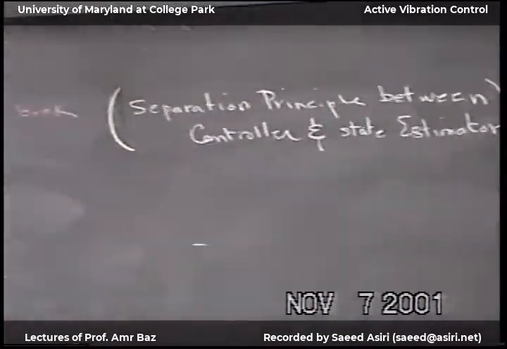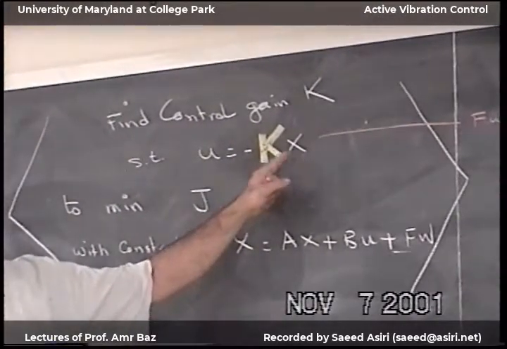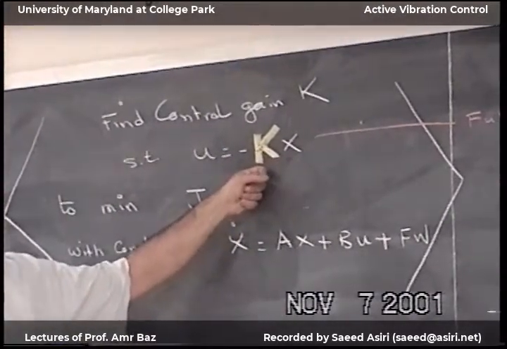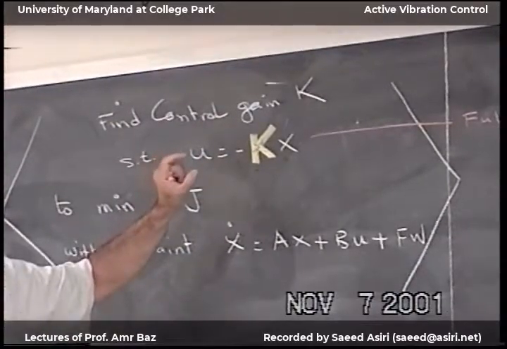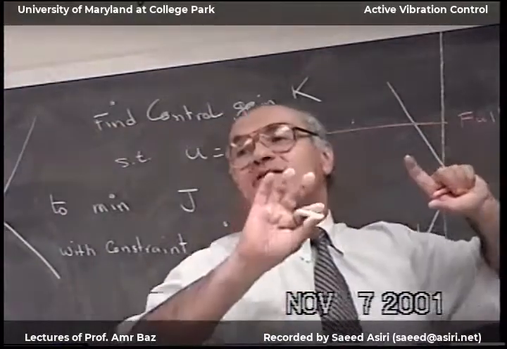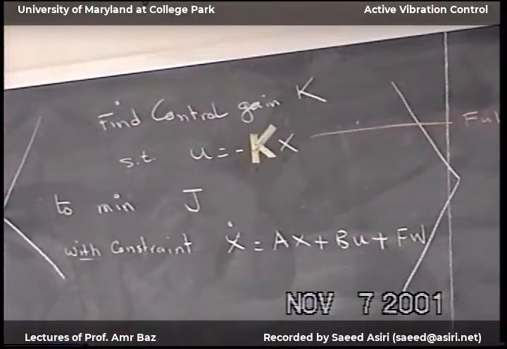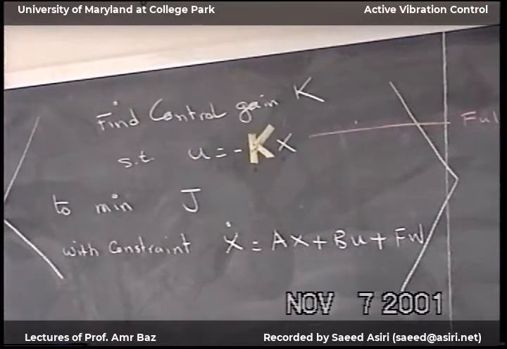If we have a state estimator, then this would be X hat, and the design of the control gain will be exactly the same as if we had full state feedback, and we'll design the state estimator as if we have only the state estimator alone, so we can get the gain of the estimator alone because of the separation principle.